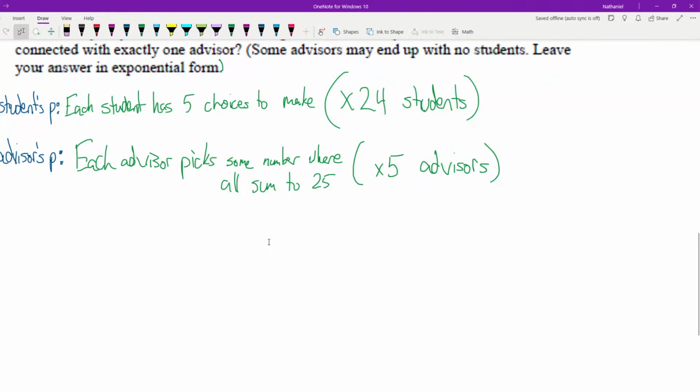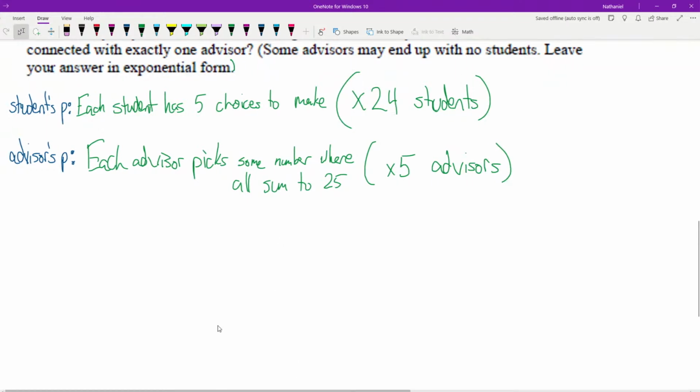Okay, so each student has 5 choices to make. And there are 24 students to make that choice. That is something that I think my math can handle. So let's say 5. And then the next student's choice, is it independent?